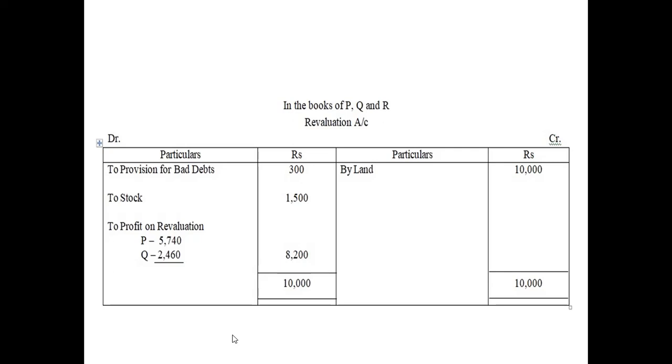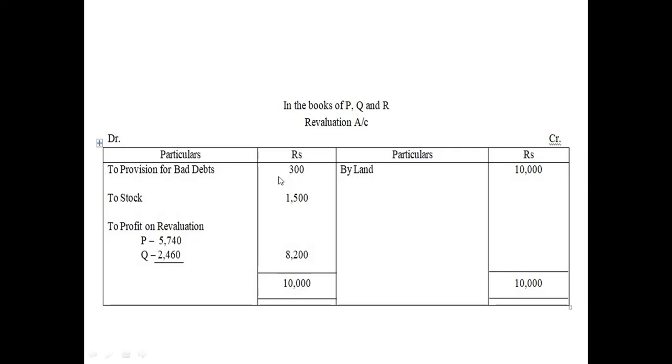So we calculate the provision for bad debts on debtors at their original value, which is 20,000. So 4% of 20,000 will be how much? It will be 800, isn't it? Out of 800, 500 is already provided, so we have to make only 300 rupees extra.